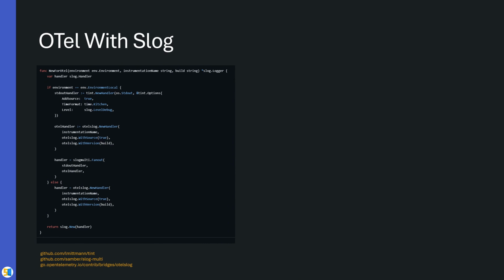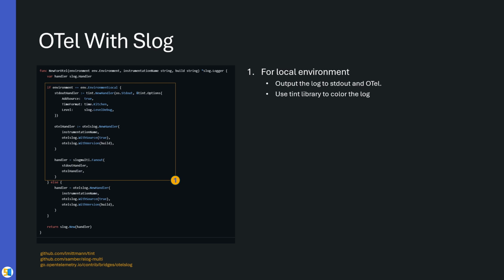And after that, we need to create the logger. In this case, I use slog, which is the built-in library for structured logs in Golang. For the local environment, which is my local environment, I want to output the log to standard output and also OpenTelemetry, so it is easier for me during development.